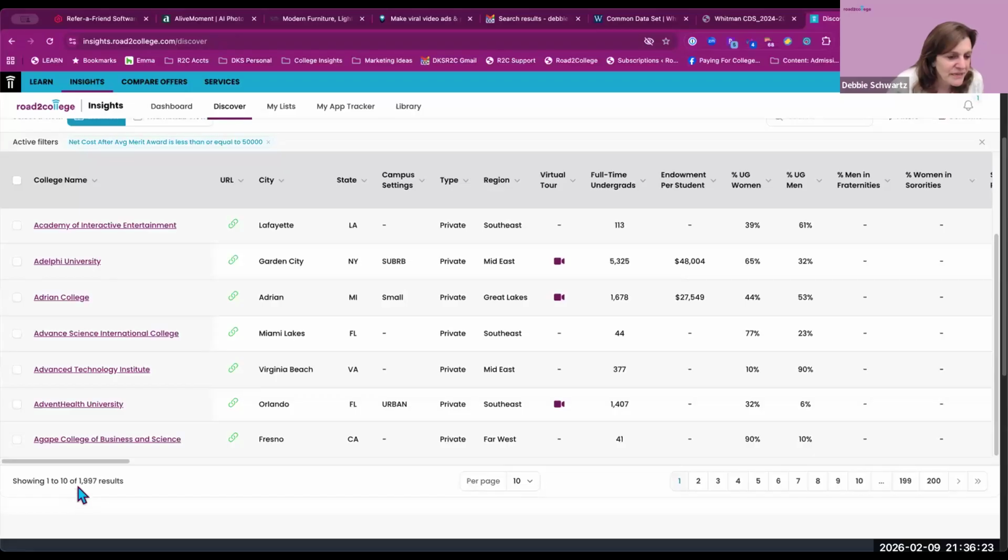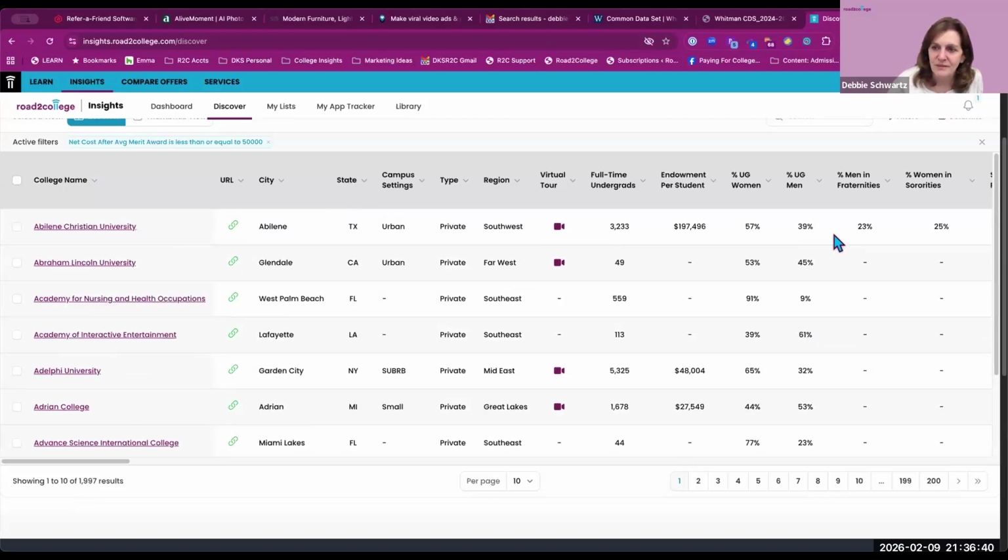Okay, so you can see we had data for 3,900 colleges. Now we've cut that in half, and there are 1,997 colleges that cost $50,000 or less after they award merit scholarships.